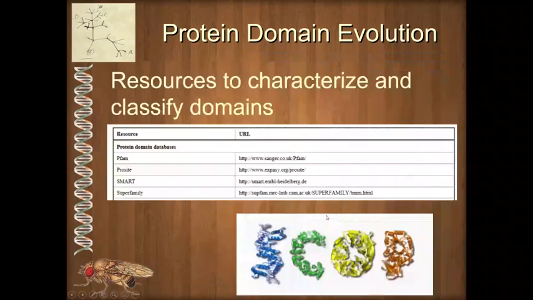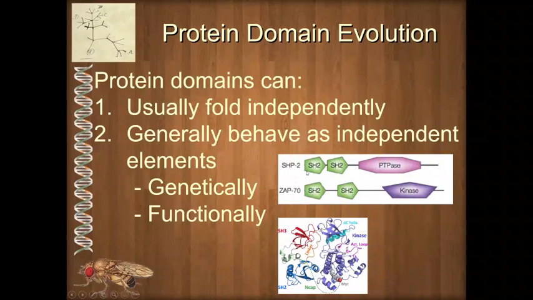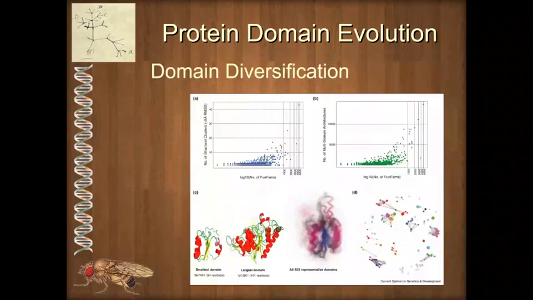So for instance, in this example back here, this is a very simple diagram of these SH2-containing members of this family, but we would probably expect this part of the protein, whatever three-dimensional shape it folds into, to be very, very conserved, and then these other parts to be much less so, and maybe even be very diffuse, so we can't really see much physical similarity in the way that they fold at all. But that doesn't mean that these are not important functions. It just means that the functional work of this part of the gene has diverged, where the functional part of the rest of the gene has remained very, very conserved over time.